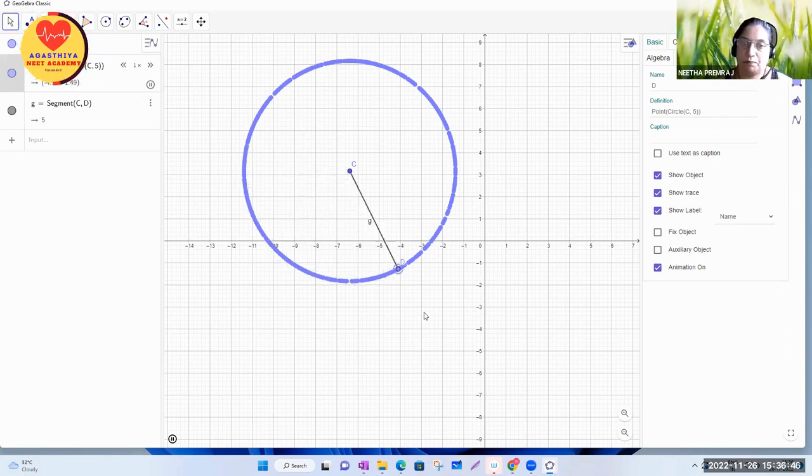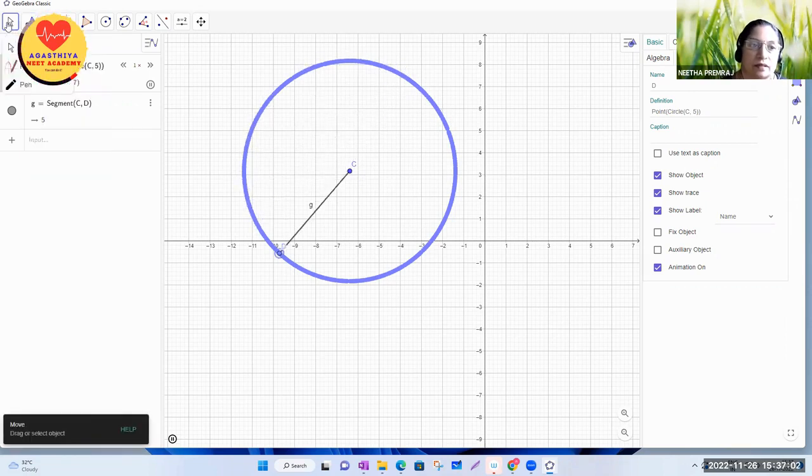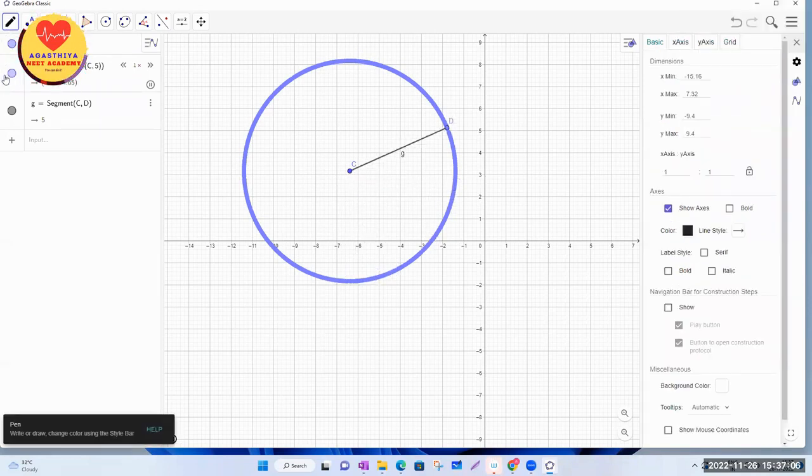The name of the shape is circle. So the fixed point, C, is called what? What is a fixed point? Fixed point of the circle is what? Center, ma'am. Very good. So this is the center.